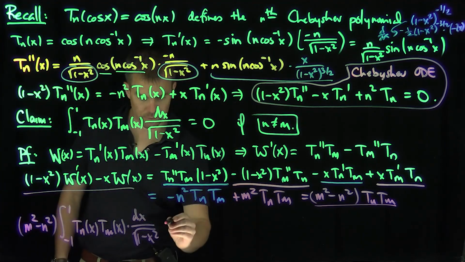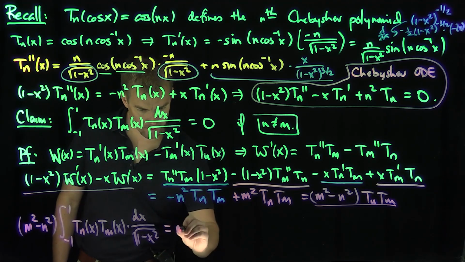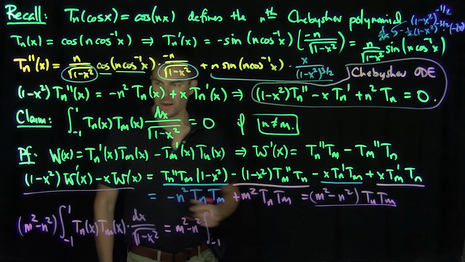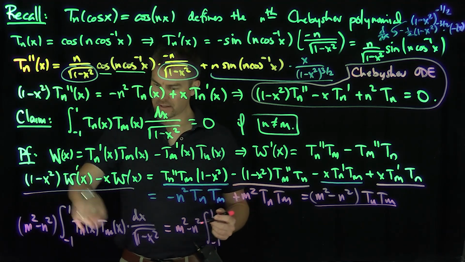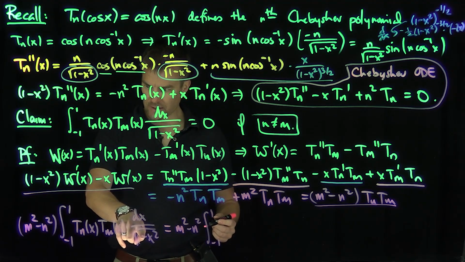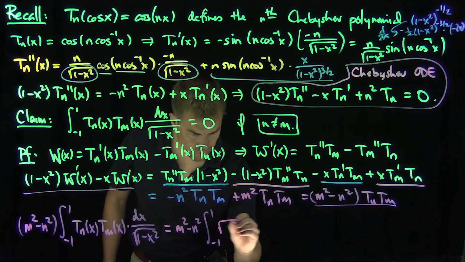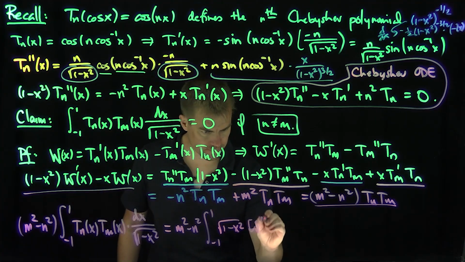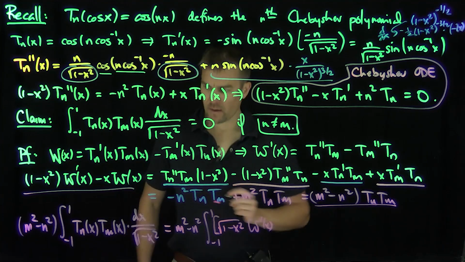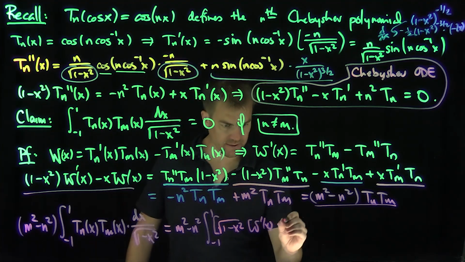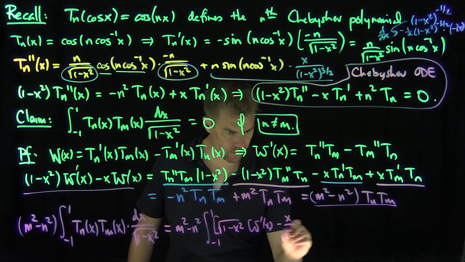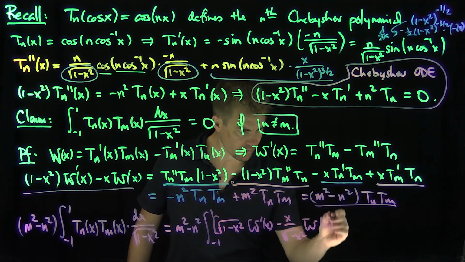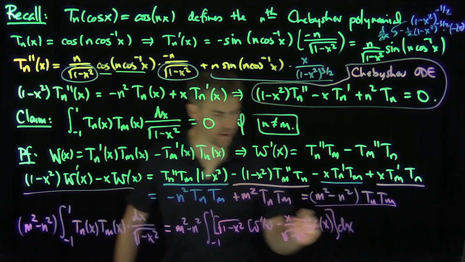So this will be equal to m squared minus n squared integral from -1 to 1. And then this 1 minus x squared will hit that square root of 1 minus x squared and give me just a square root of 1 minus x squared times w prime of x. And then this will be a negative x over the square root of 1 minus x squared times w of x dx, okay?